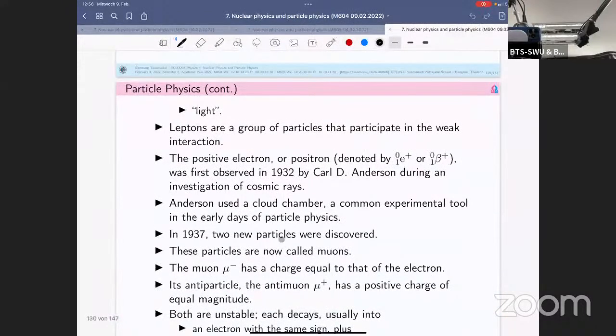The bigger leptons are known as, what is that?